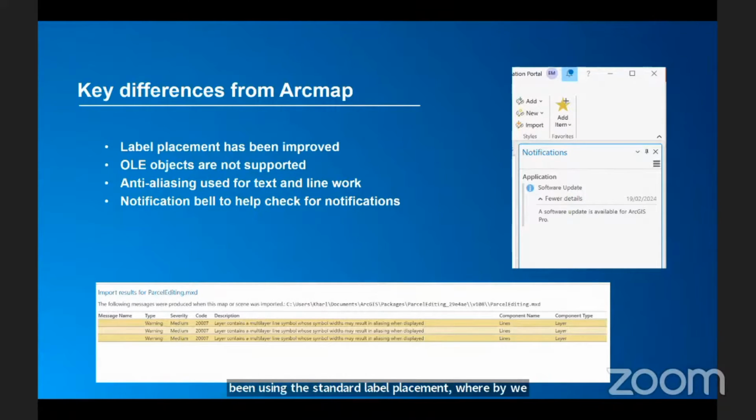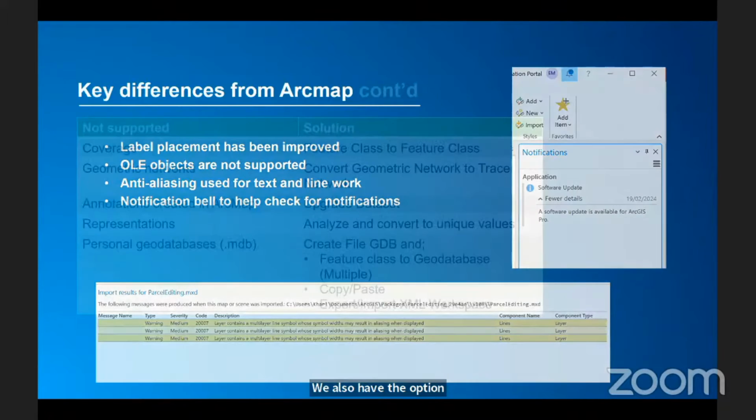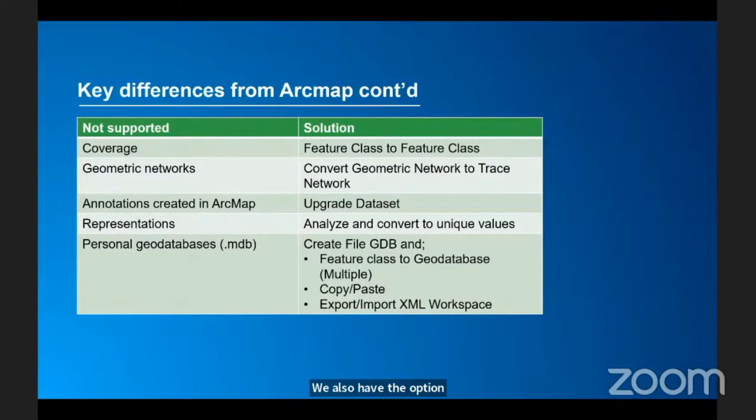But with ArcGIS Pro, we provide label placement for features like streets, rivers, boundaries, land parcels. In ArcGIS Pro, we also have the option of anti-aliasing, whereby we are able to smoothen the curves of the maps and lines. We also have the notification bell that I've talked about. It helps you to know the items you need to update in ArcGIS Pro.